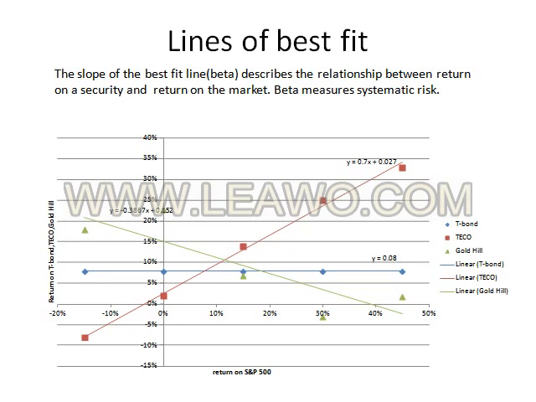Beta is a measure of systematic risk. We can see here in the formula for TECO's slope equals 0.7. So beta is 0.7, whereas the market is 1.